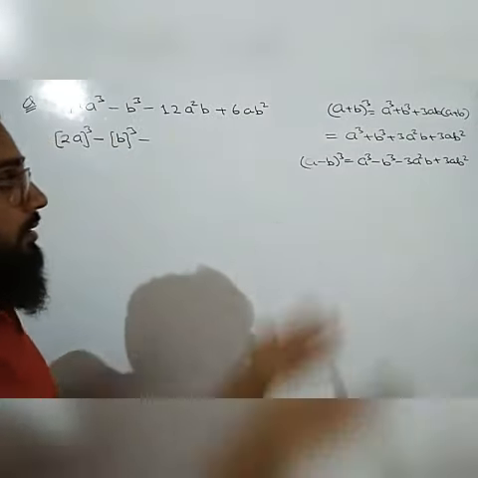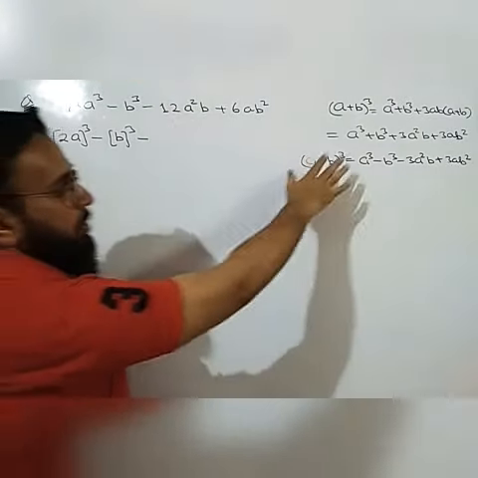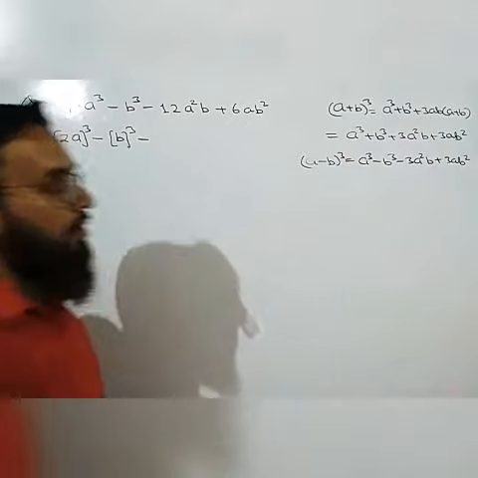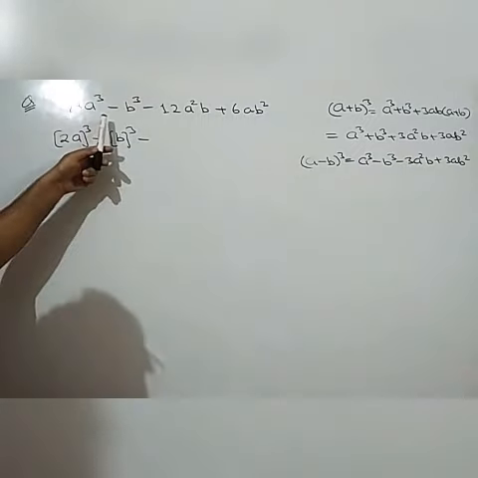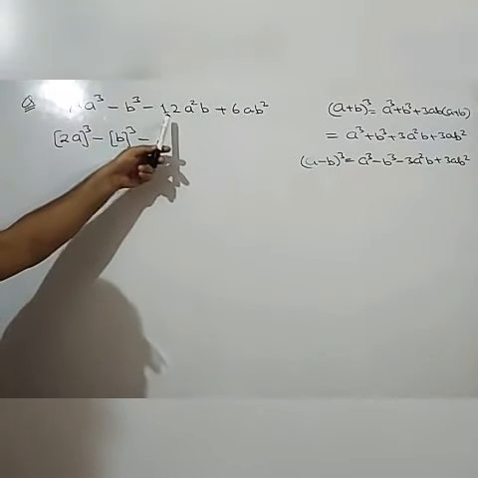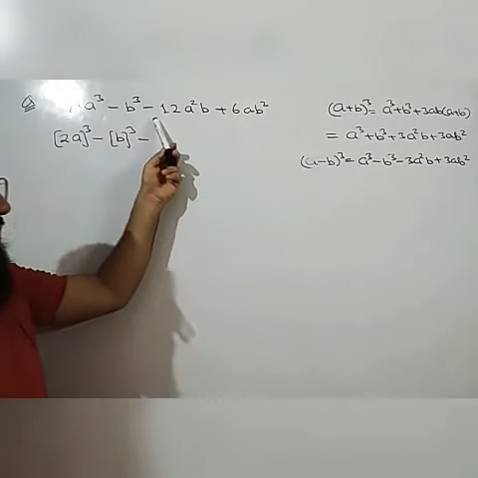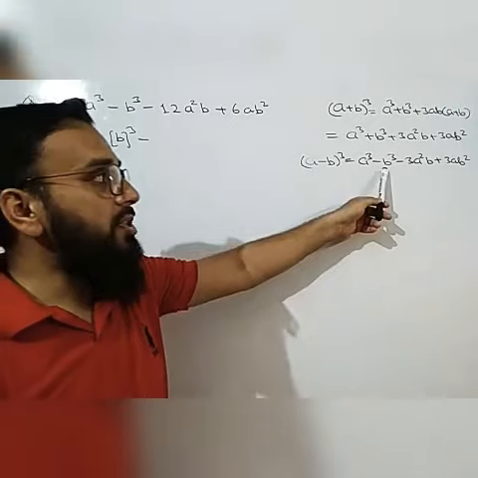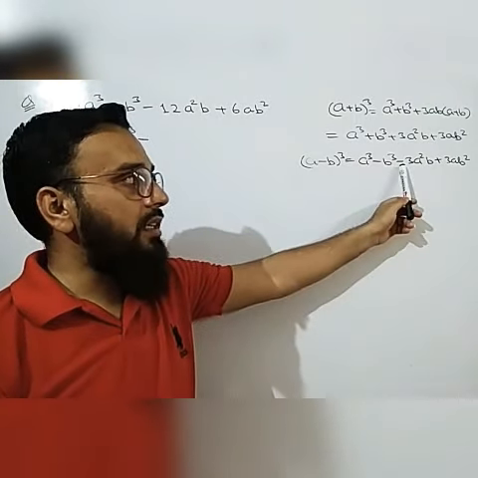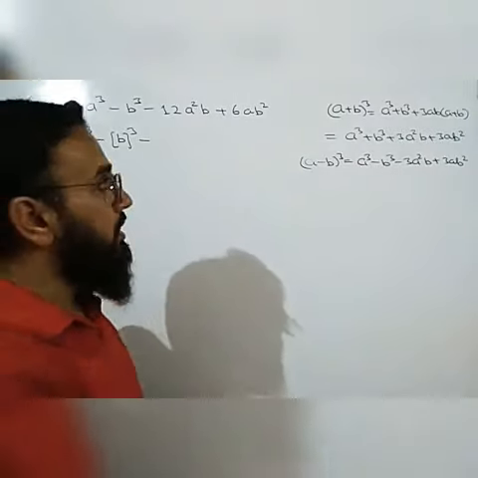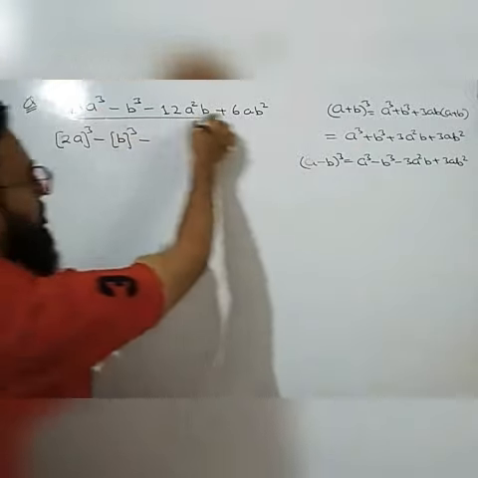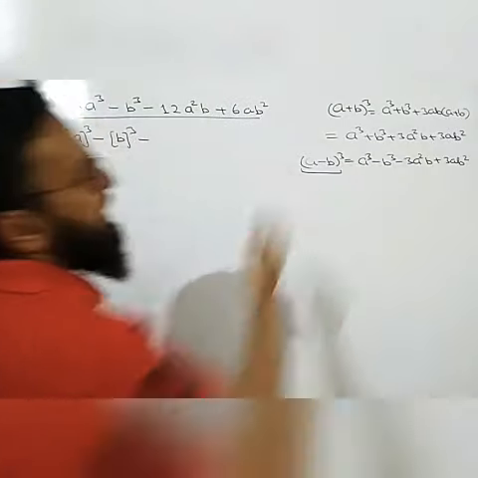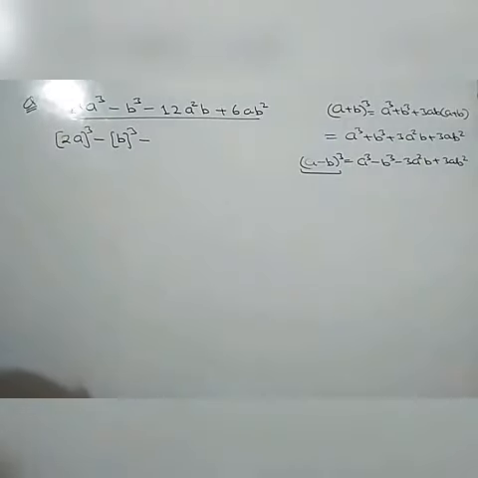Now, you know the formula of a plus b whole cube and a minus b whole cube. Now, checking the signs. The sign of b cube is negative and minus 12a square b is negative. And in the formula of a minus b whole cube also, b cube is negative and the a square b term is negative. It means this particular question can be converted in terms of a minus b whole cube.